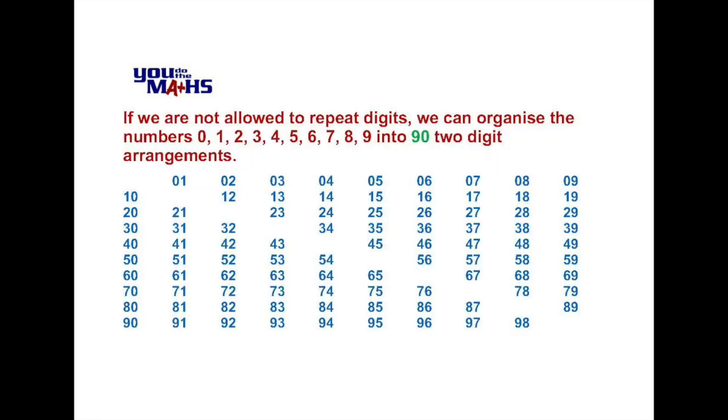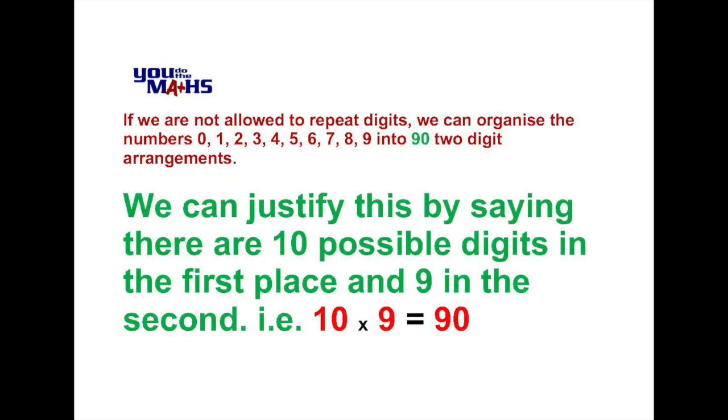So in our table, similar to what we had before, the numbers that are missing are numbers like 0, 0, 1, 1, 2, 2. In other words, anything where there's a repeat of the digits. So in this instance, we can see that there are 90 possible arrangements. Again, there are 10 digits we can use at the start, 0 through to 9. But once we've used one of those digits, there's only 9 that can be used in the units column. So the total number of arrangements is 10 multiplied by 9, which is 90.